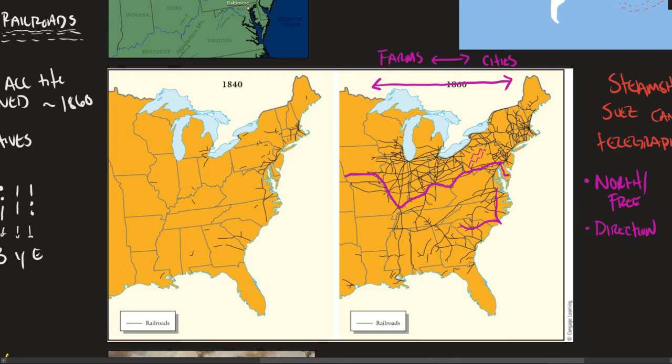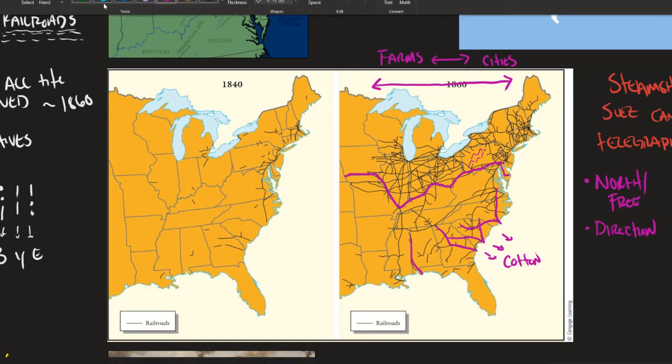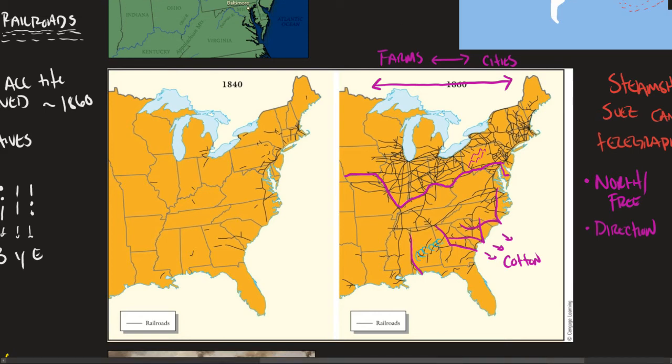So you see how eventually they tend to lead outwards, like water running down a mountain, to these various port cities here. And that was because, for the most part, the railroads in the south were designed to export cotton, right? Cotton would be grown, this right here would be considered the cotton belt. All right, we'll just mark it in blue. This would be the cotton belt here, where a lot of cotton was grown. And again, most of that is for exportation.